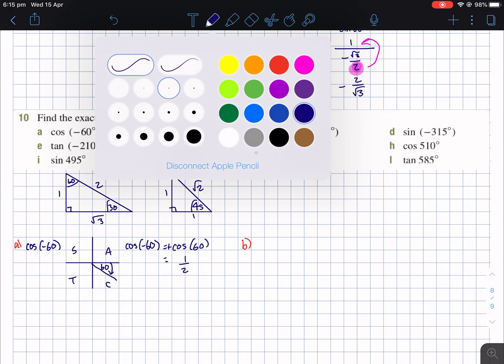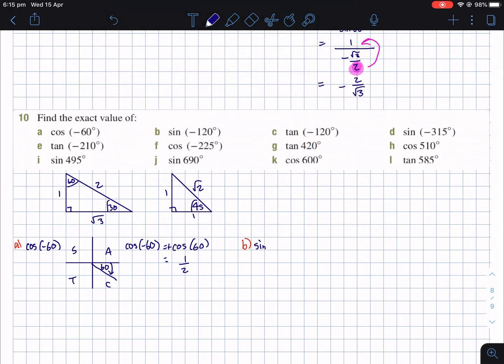We've got sine negative 120. Let's draw negative 120. Negative 120 means that we're going this way, 120, which means that the angle between that and the horizontal is 60.